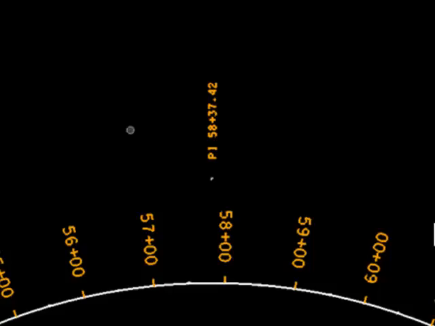You can see that the midpoint station of the arc, if you were to estimate it, is less than 58+00. However, the PI station is greater than that because the PI station is related to the PC along the extension of the tangent on which the PC lies.